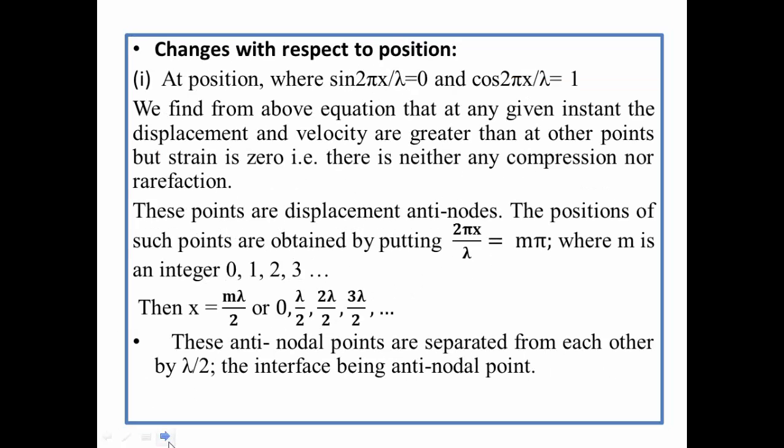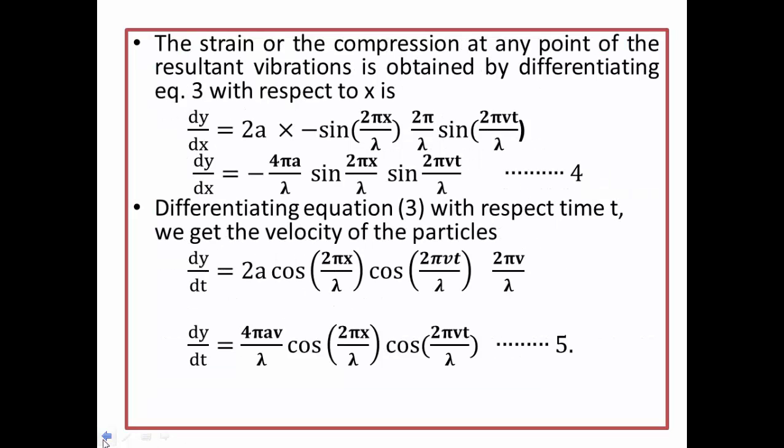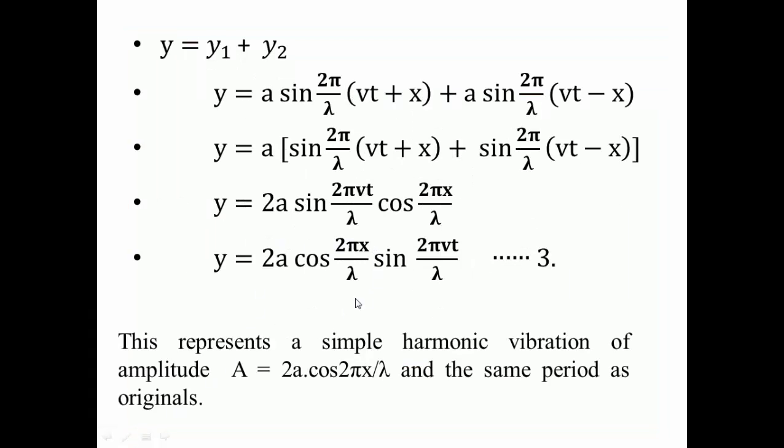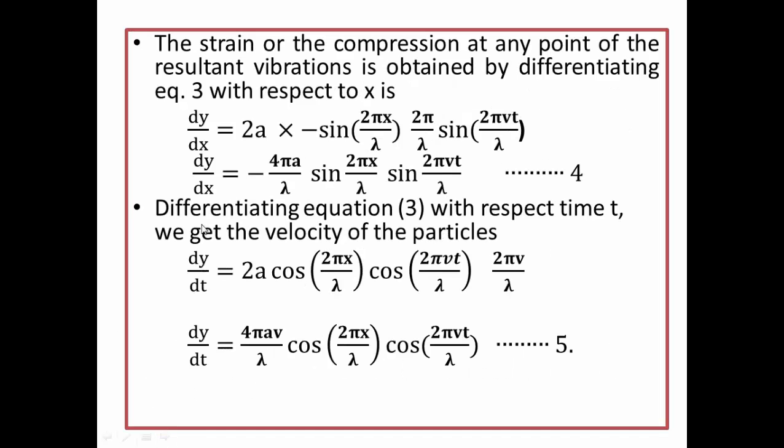We have taken cos twice pi x by lambda equal to 1 and sin twice pi x by lambda equal to 0. So in this case this is equal to 1, so the displacement is maximum, 2a sin twice pi Vt by lambda. This is maximum displacement. And with this strain, sin is 0, so strain is 0, and again velocity is maximum because this is 1.